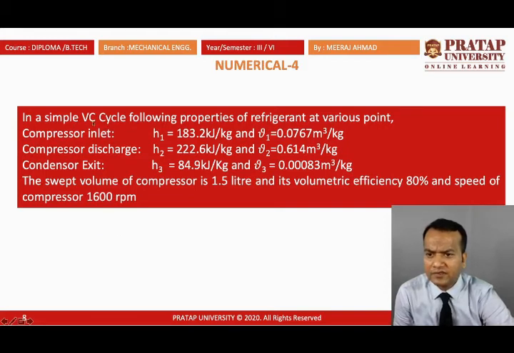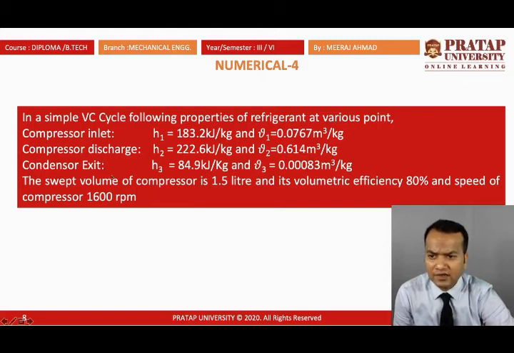The compressor inlet H1 is given as 183.2 kilojoule per kg, and the specific volume at the inlet to the compressor is given as 0.0767 meter cube per kg. Then the compressor discharge H2 is given as 222.6 kilojoule per kg, and the specific volume at the outlet of the compressor is given as 0.614 meter cube per kg.